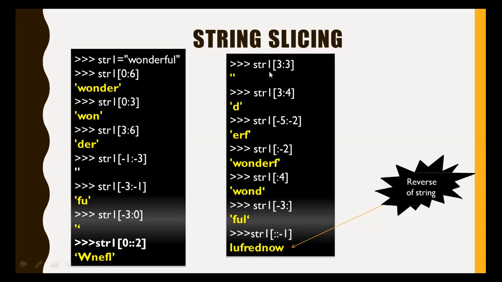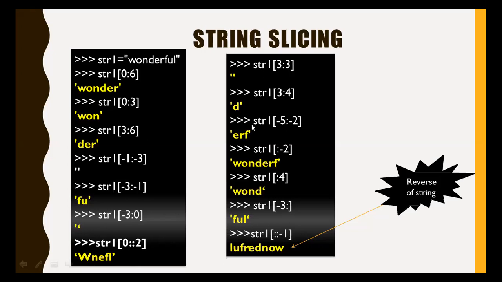So here str3 colon 3 means after 3 positions, that double quotation will be displayed, and str3 colon 4 means after the third, what is the fourth position, one is left, that is D will be printed. And this is a negative, this will be ERF, wonderful.